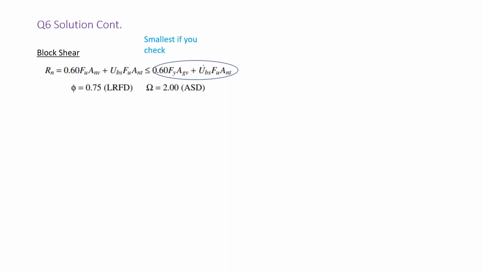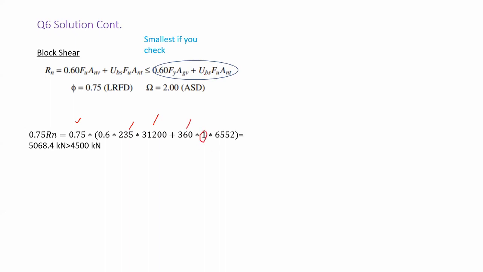All right, so we have this equation. We check all the values now. We have 0.75 by LRFD. This is the factor of safety. 0.6 is given to us. The yielding strength, the gross area in shear we found previously, plus 360 for FU. This one that appears is for UBS. UBS, you can take it as one to simplify the problem.